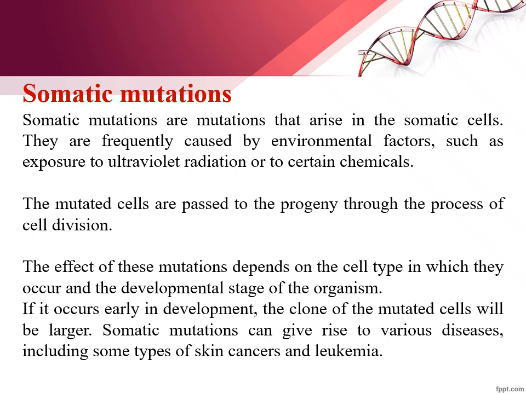The mutated cells are passed to the progeny through cell division. The effects of this mutation depend on the type of cells in which it occurs and the development stage of the organism. If it occurs early in development, the clone of mutant cells will be large.